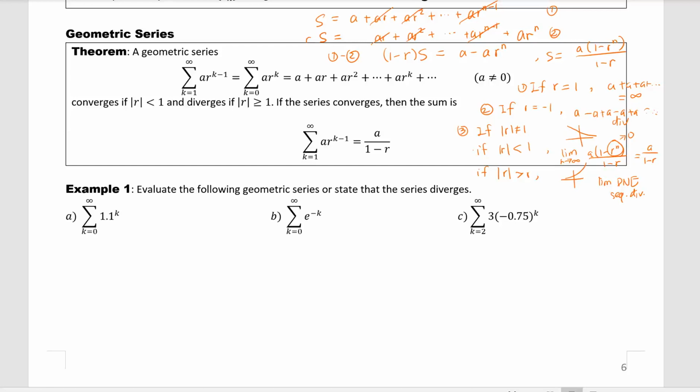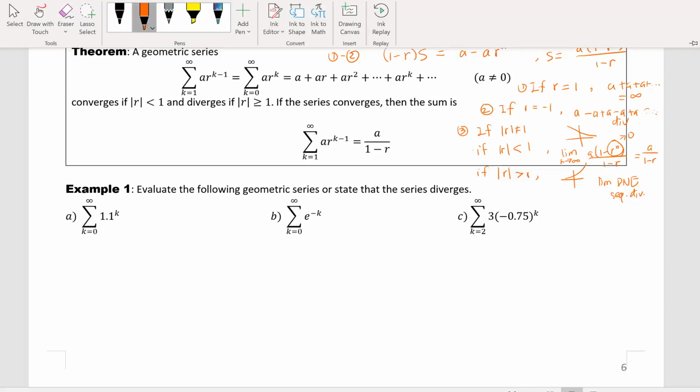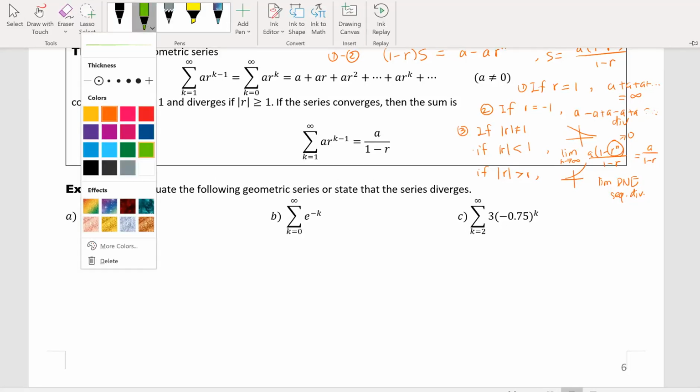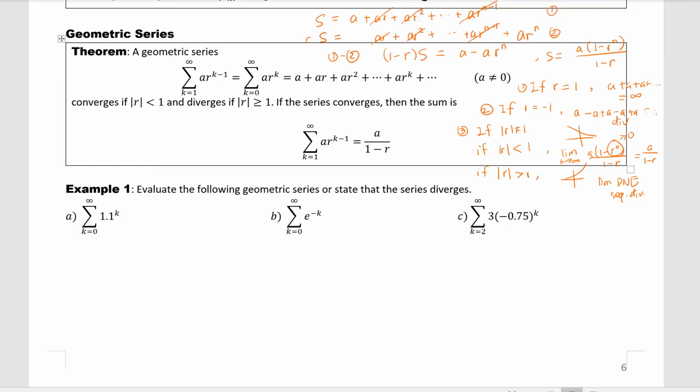Alright, so that is the proof. So when we see a geometric series, the first thing we have to do is figure out the ratio. If the absolute value of the ratio is less than 1, the series converges. If the absolute value of the ratio is greater than or equal to 1, the series diverges. And when it converges, what does it converge to? I hope you can remember this formula.